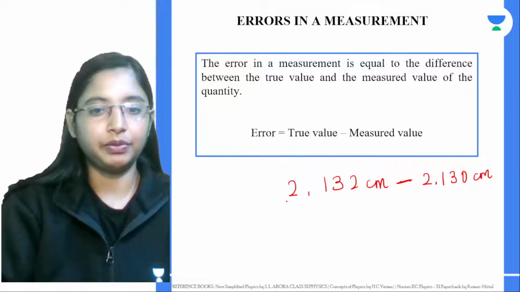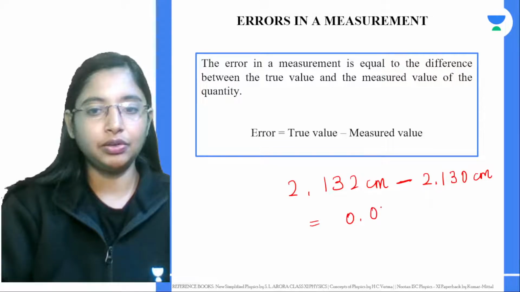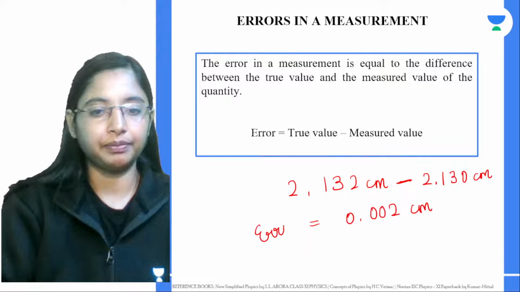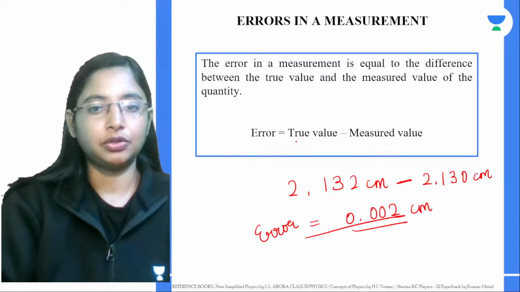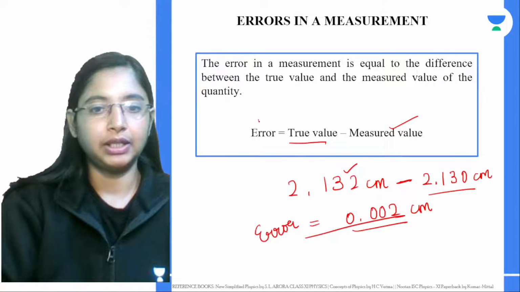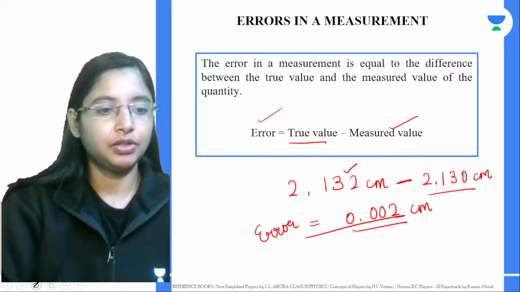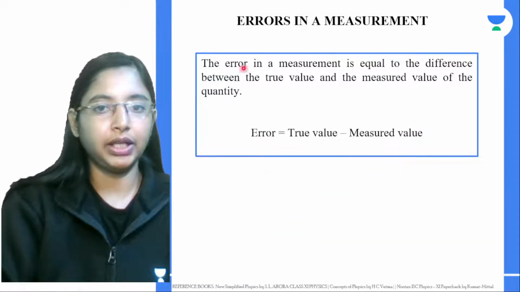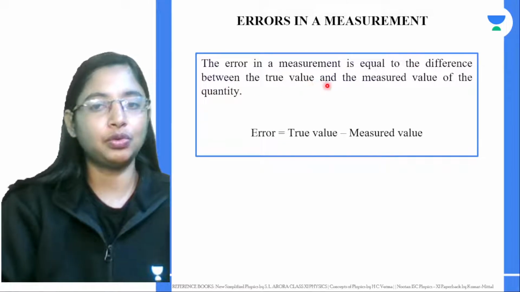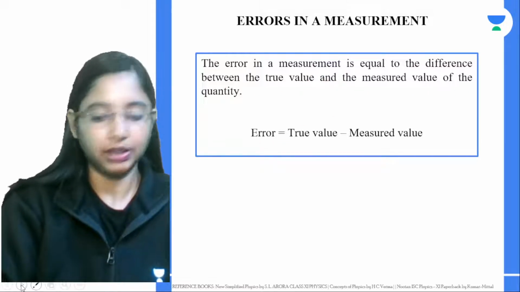What is the difference between them? The difference between these two quantities is 0.002 centimeters, right? This is your error. So the true value minus the measured value gives you the error. So error in measurement is equal to the difference between the true value and the measured value of a quantity, right?